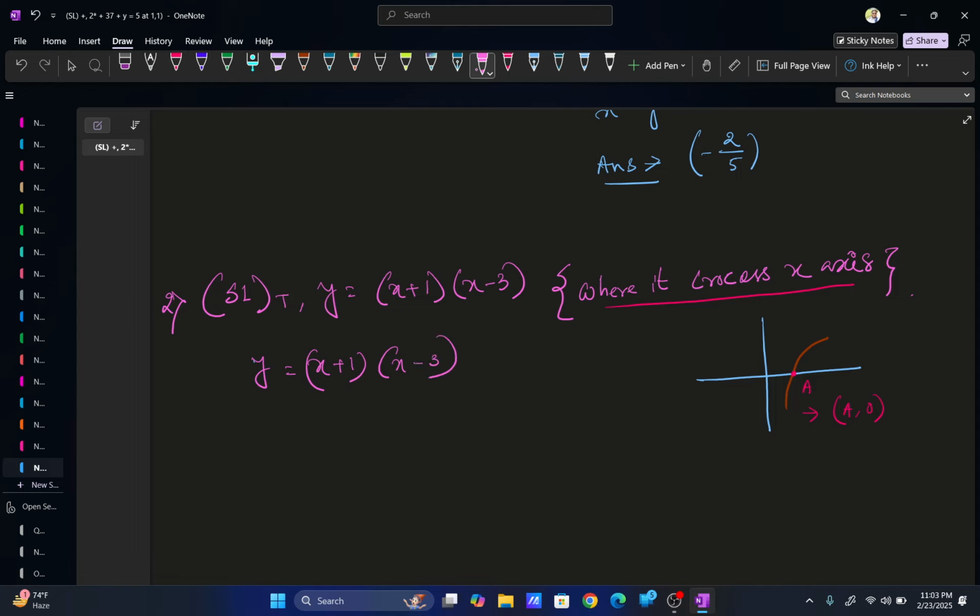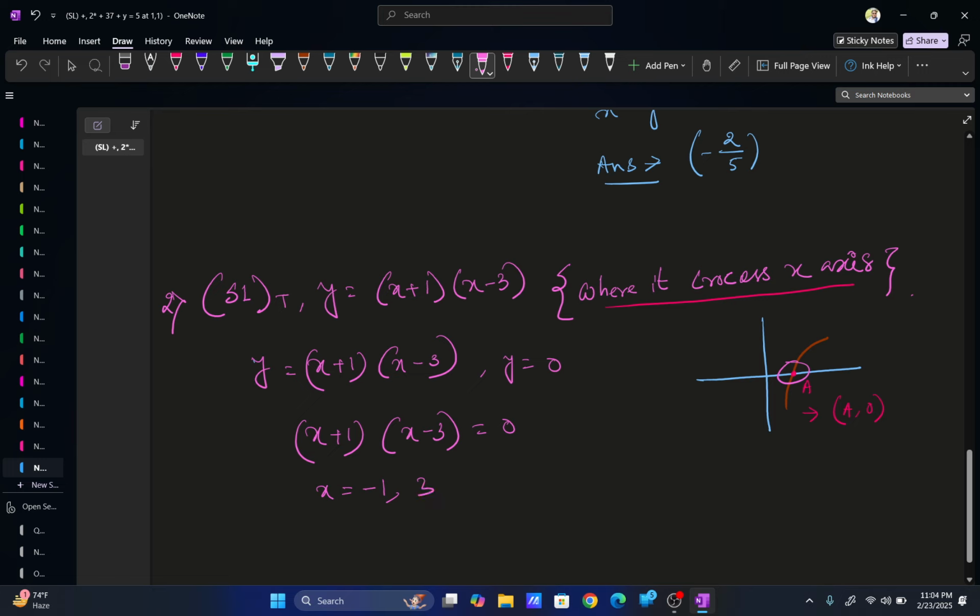From this point of view we say y is 0, so x is -1 and also x is 3.